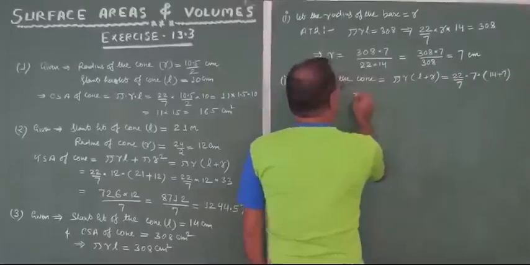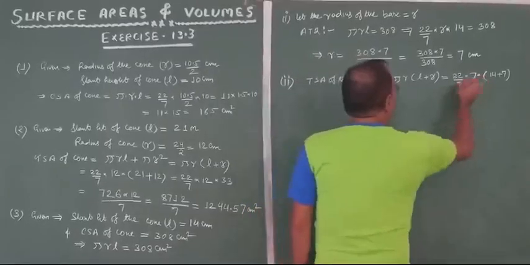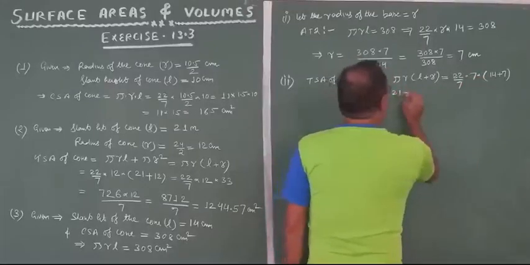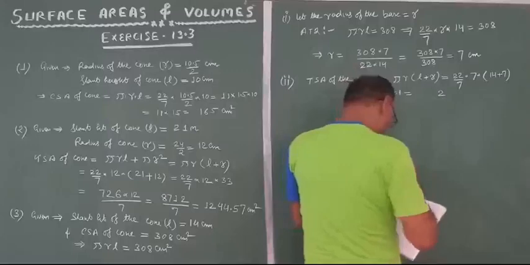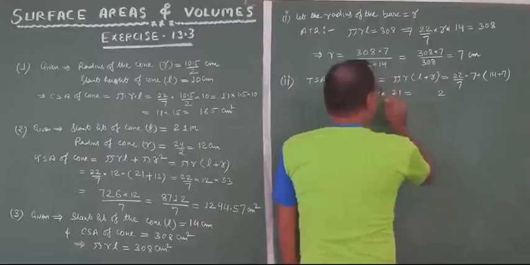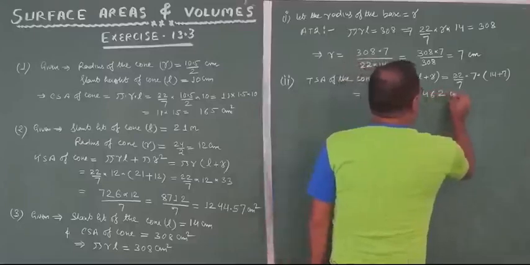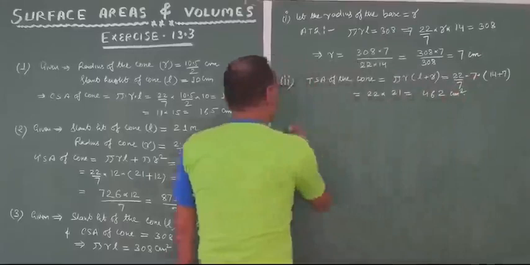This 7 is cancelled out. 14 plus this one, 21. And when you will multiply this, 21 2 ja 42, 42 and 2, 462 centimeter square. Is it okay?